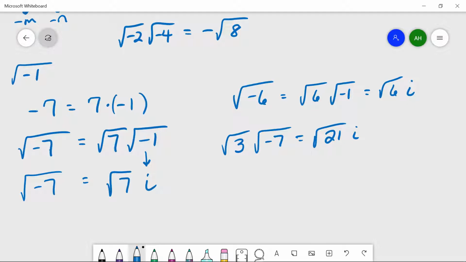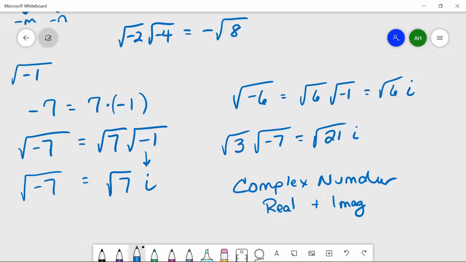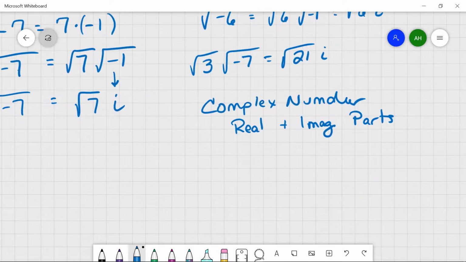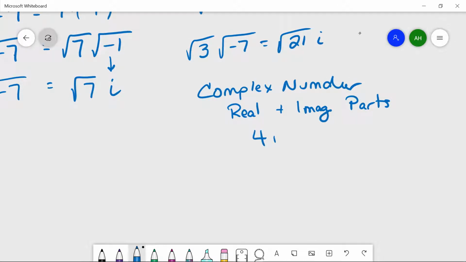All right, we're going to move from there to looking at complex numbers. Complex number is really not, again, some of the names sound like more than they need to be. A complex number is just a number that has a real part and an imaginary part. The example they give you here is 4 plus 5i.